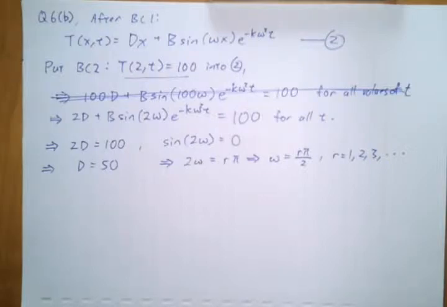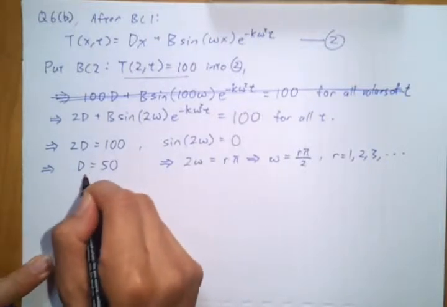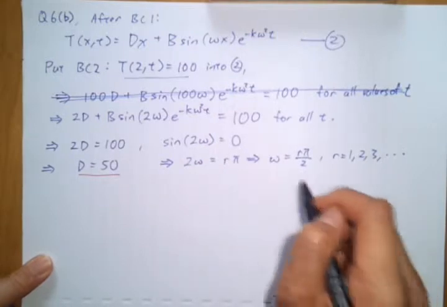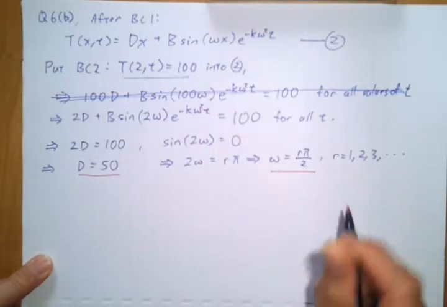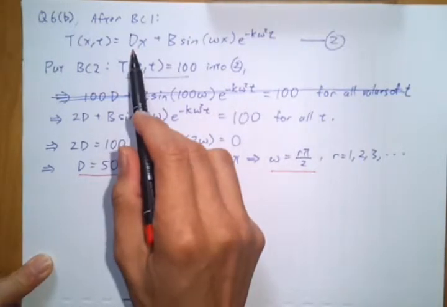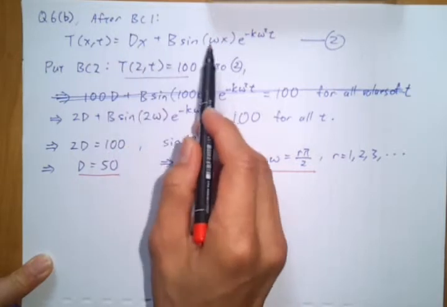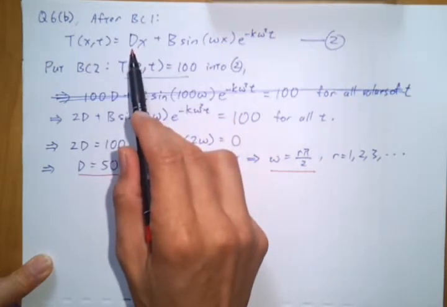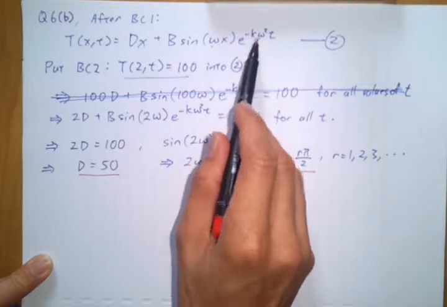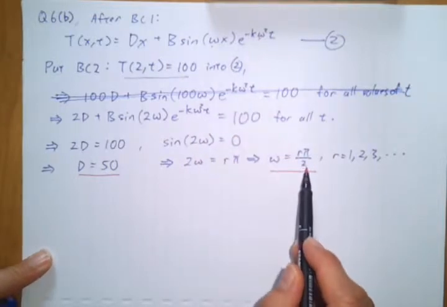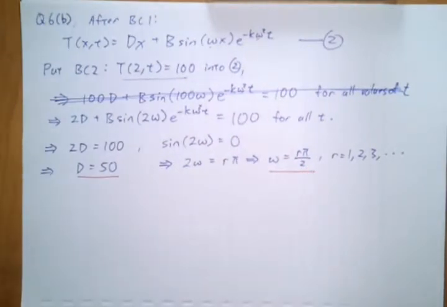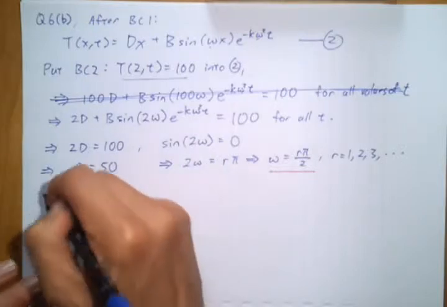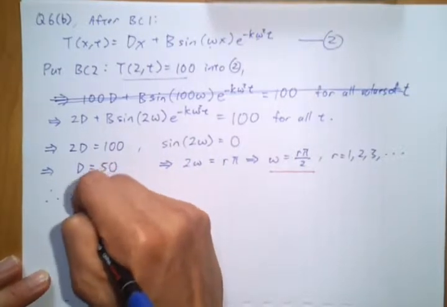Okay, so I'm just going to make use of this information, d equals 50, and omega equals r pi over 2, and put it back into your solution, which is equation 2. So omega here and omega here are r pi over 2. Therefore I can update my solution.